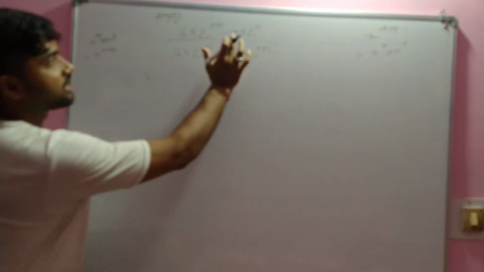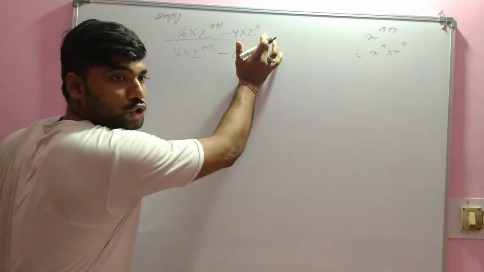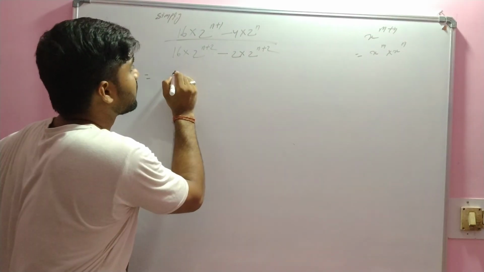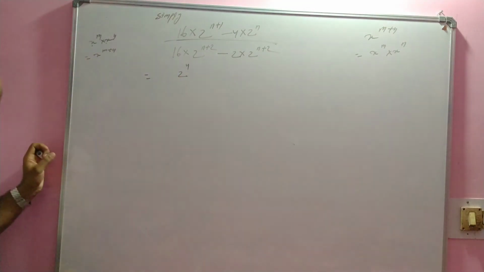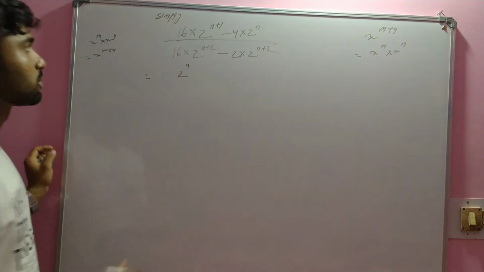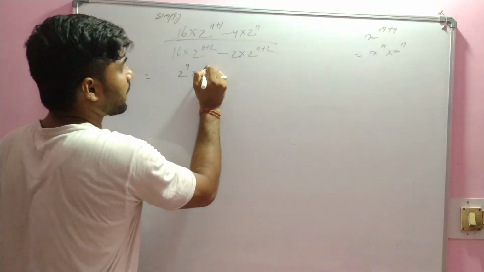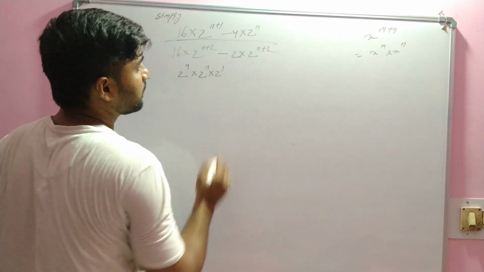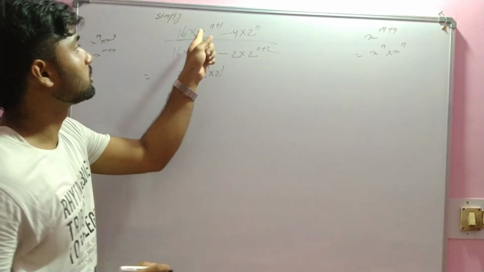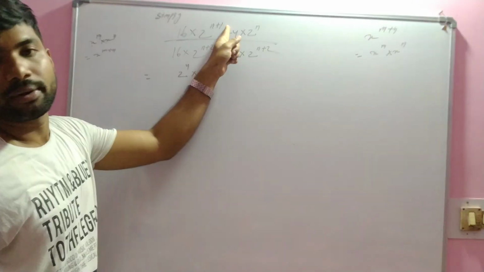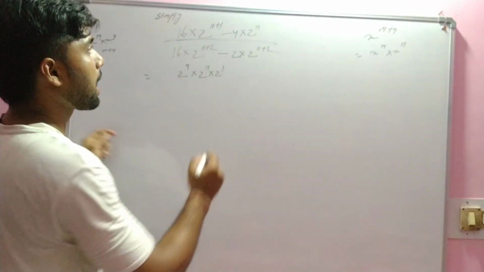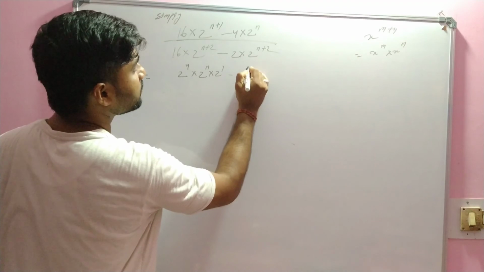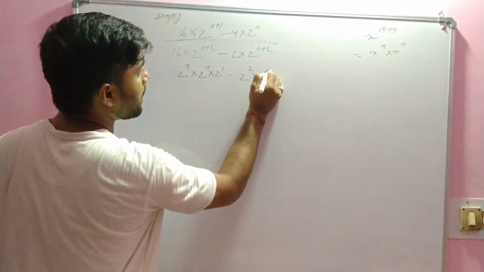Simply, here is 4 into 2 to the power n. 16 may be written as 2 to the power 4 into 2 to the power n into 2 to the power 1. Because 2 to the power n plus 1 splits into 2 to the power n into 2 to the power 1, and the other is 2 to the power 2 into 2 to the power n. Okay.